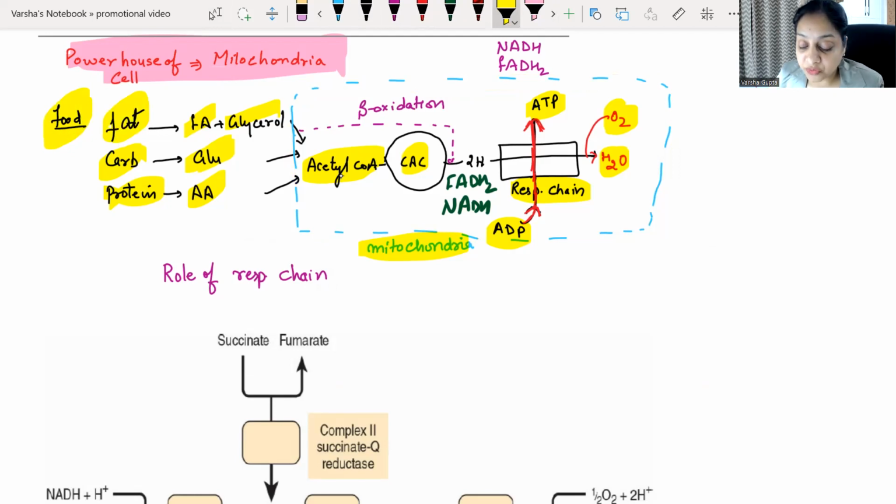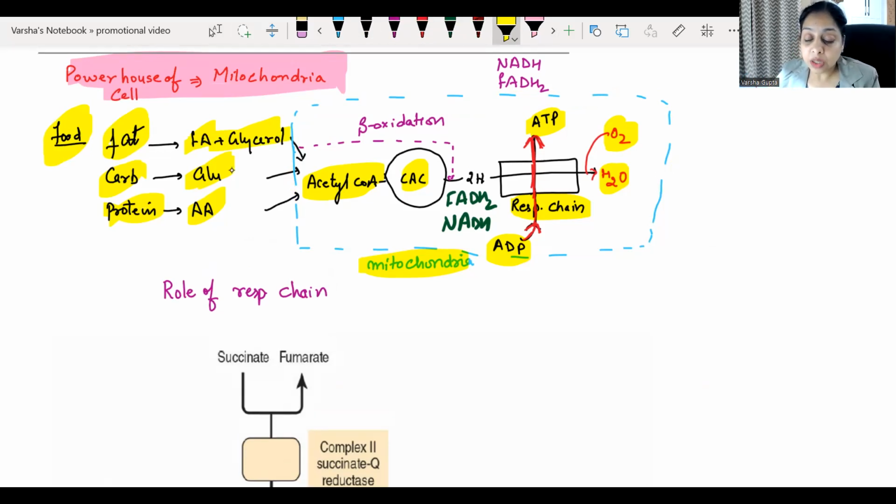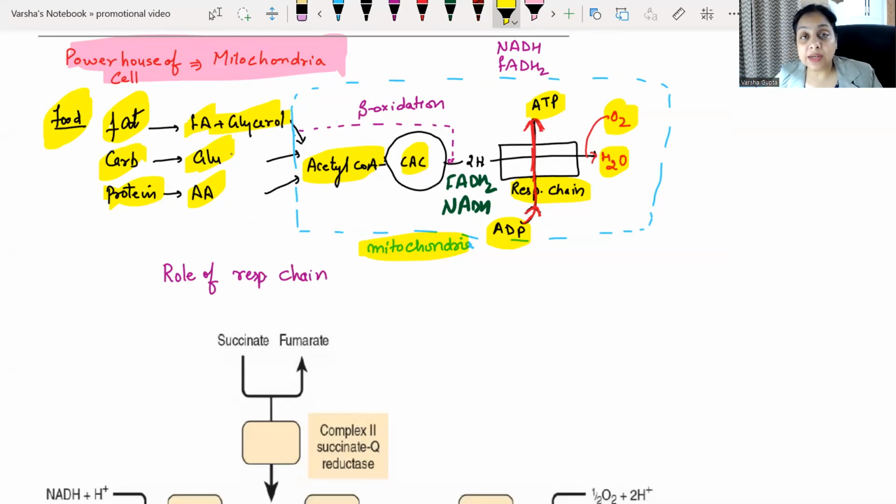Fat is composed of fatty acid and glycerol. Carbohydrate can be broken down into glucose. Proteins can be broken down into their smallest entity, that is amino acids, right?